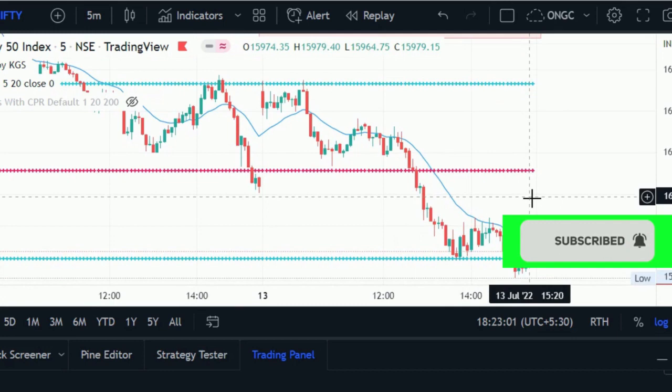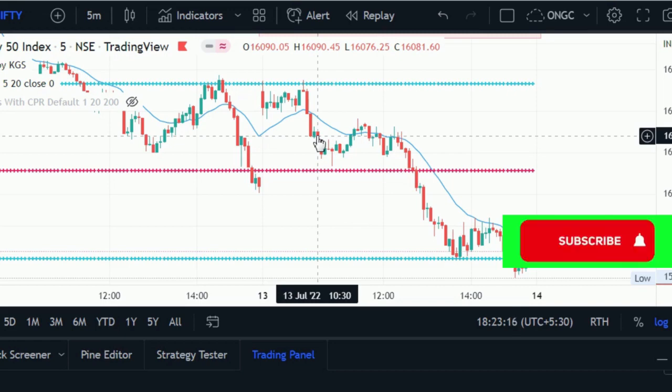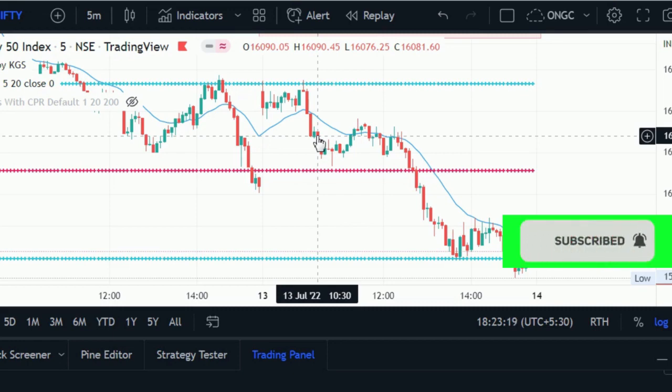Whoever knows about weekly pivots, the price action, and the psychology behind these behaviors could grasp that today is going to be a bearish day.